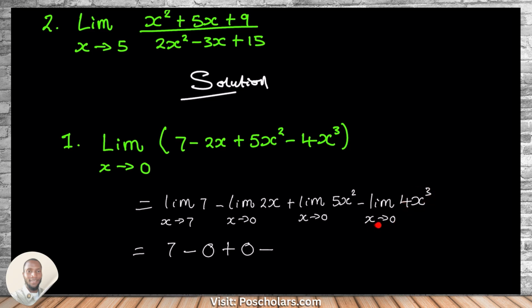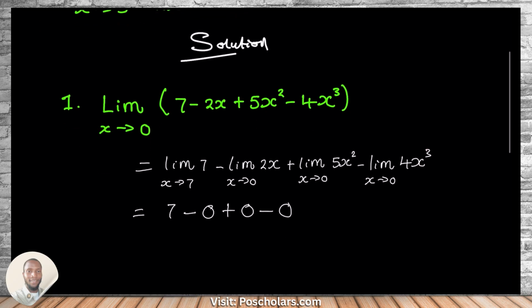That means as x gets closer and closer to 0. So when you plug in 0 here, 0 times 0 times 0 gives 0. Then 0 times 4 also gives 0. Then when you do the sum of everything, 7 minus 0 plus 0 minus 0 gives 7.